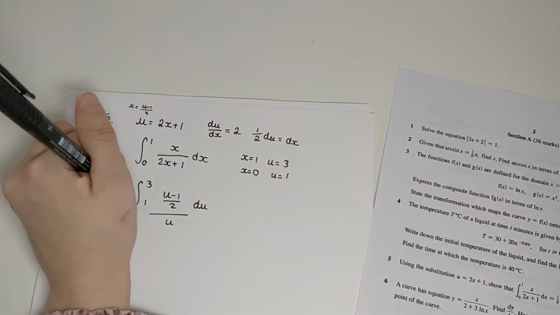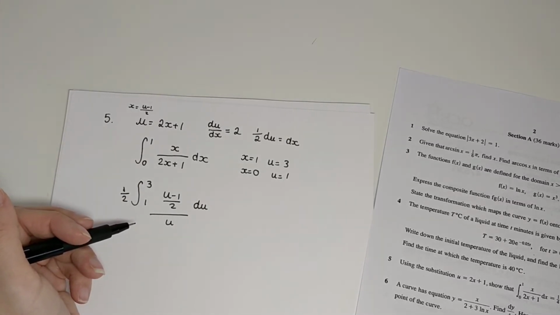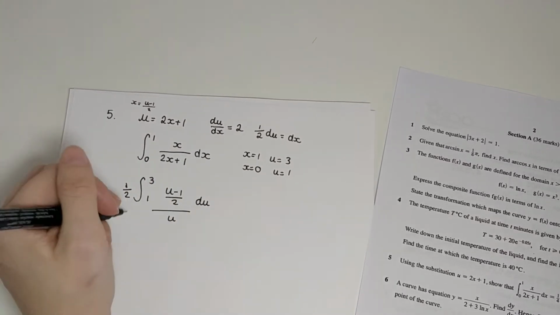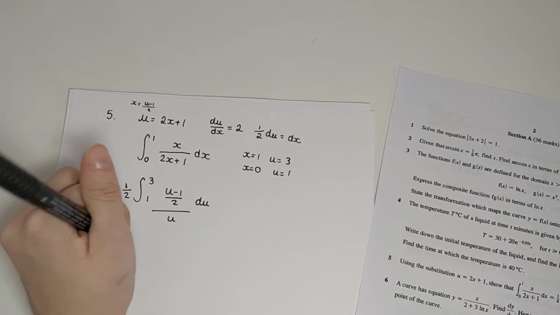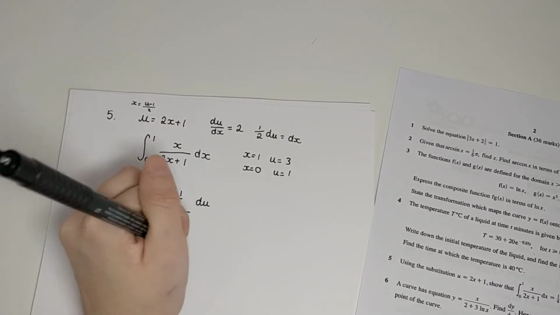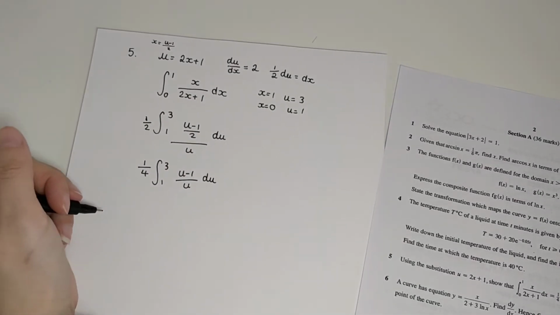Stick it on the front. Okay, I think I want to get rid of that dodgy fraction that I've got going on there. So let's divide this by a half. So stick it on the outside. Like that. That looks a lot nicer now.